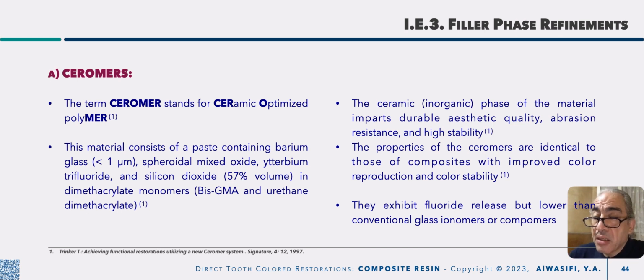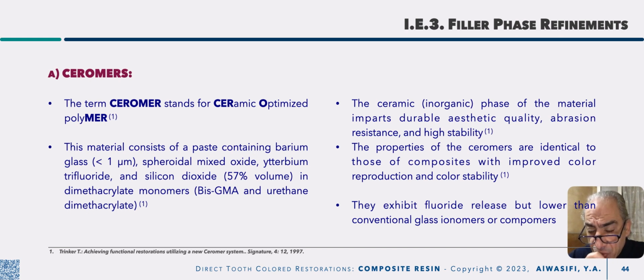Then we are playing with the filler, changing the type of filler to have a filler containing barium glass less than 1 micron, spheroidal mixed oxides, ytterbium trifluoride, and silicon dioxide, about 57% in volume, with dimethacrylate BisGMA and urethane dimethacrylate with regular monomer.